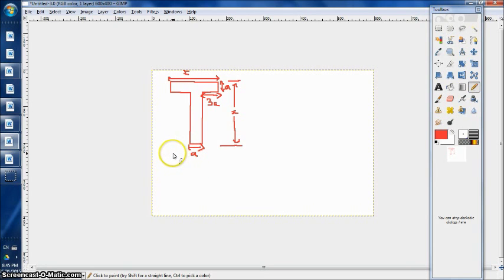This over here is A, and again this over here is 3A.